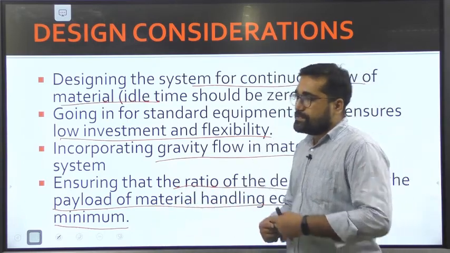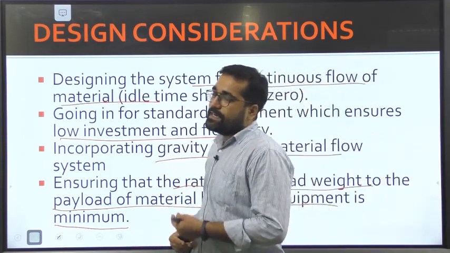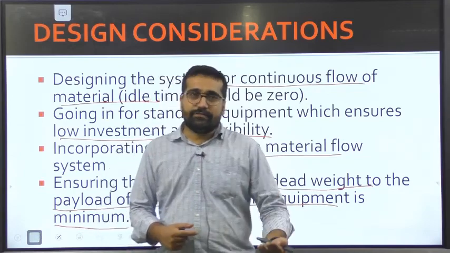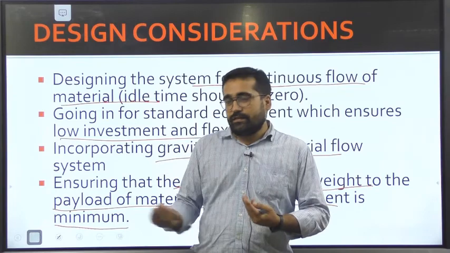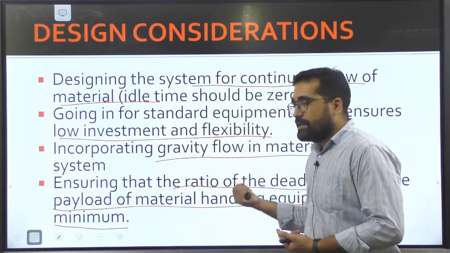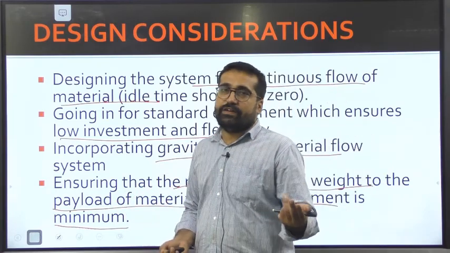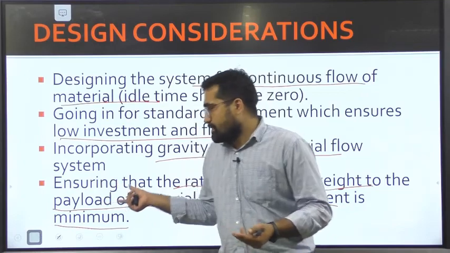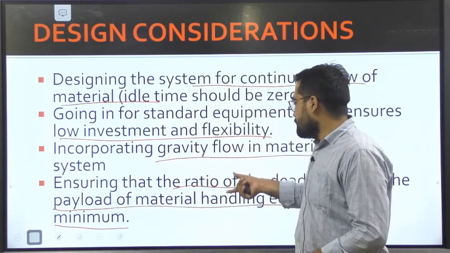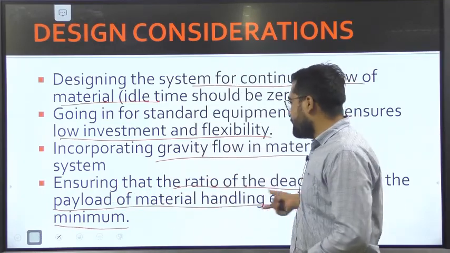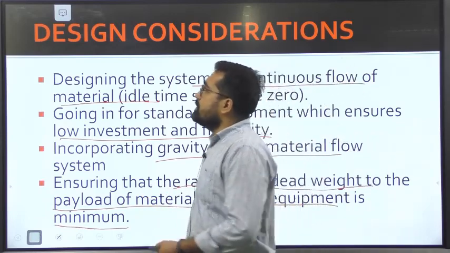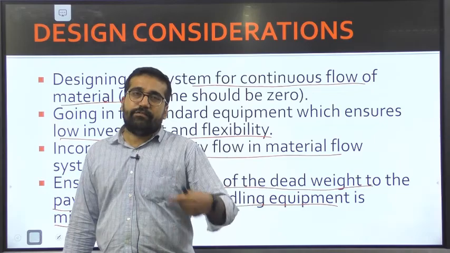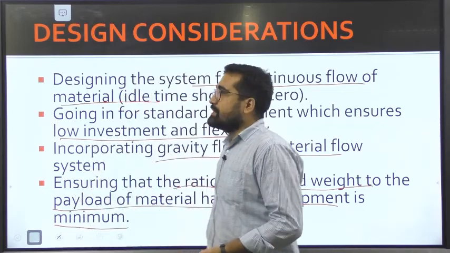In the case of our belt conveyor, the dead load will be the belt we are attaching with the weight of the pulleys, whereas the payload will be the material weight we can convey. When finding the ratio of dead weight to payload, it should be minimum at any given point. Then the design of our belt conveyor will be sufficiently good.